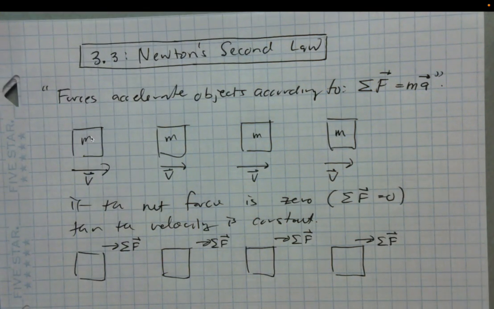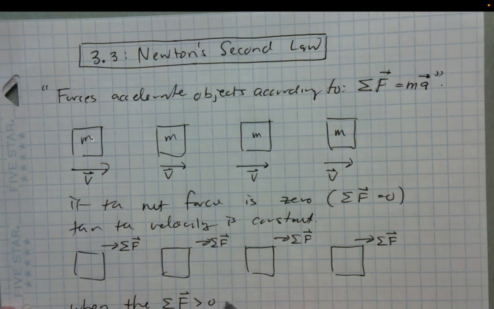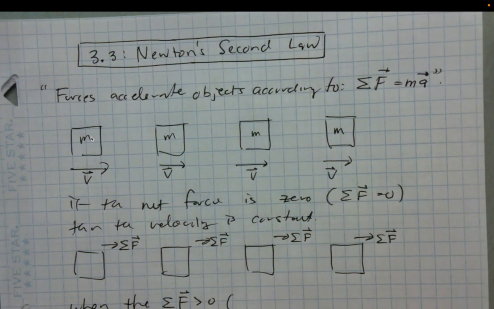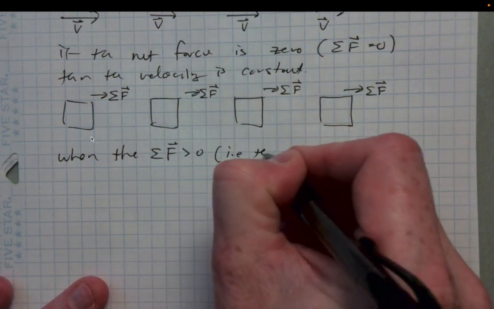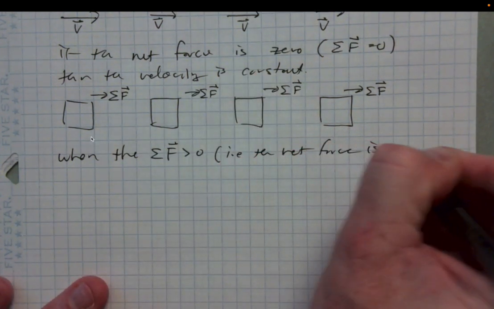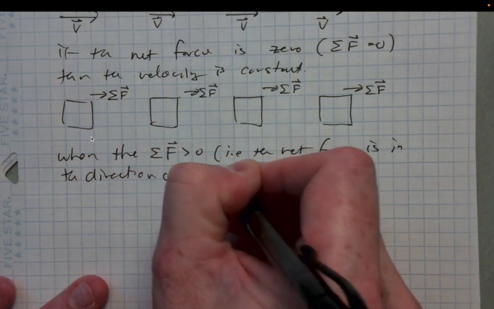Okay, so when the net force, the sum of the forces, is greater than 0, and what I mean by that is you can coordinatize these things in different ways, but the way I'm coordinatizing it, when I say that the net force is greater than 0, I mean that the net force is in the direction of the velocity.